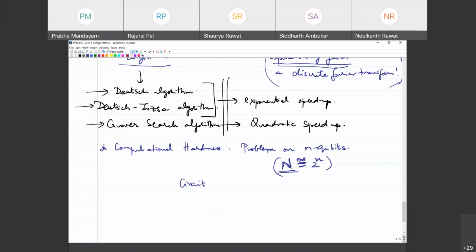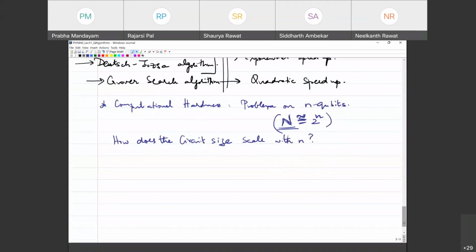Then how does the circuit size scale with n, right? So what is roughly the number of gates? How does that scale with n?